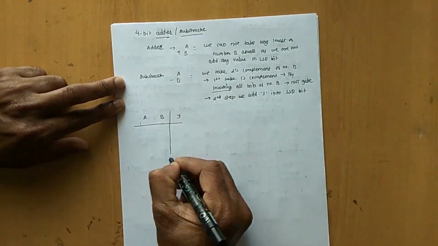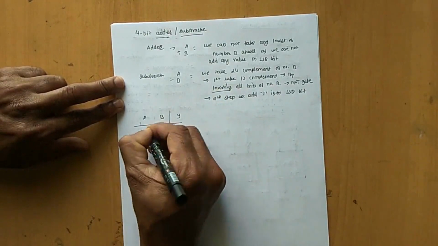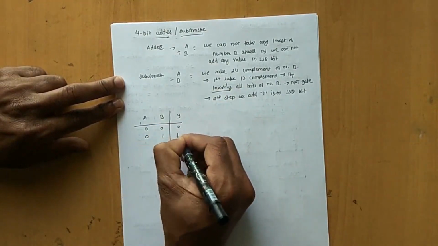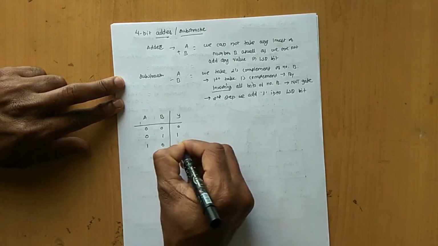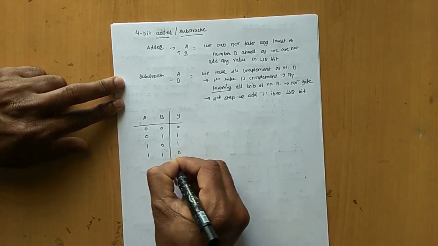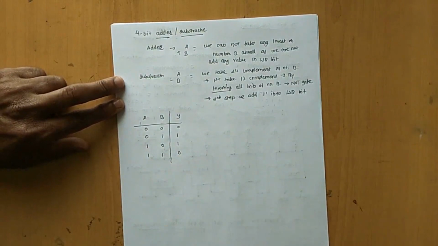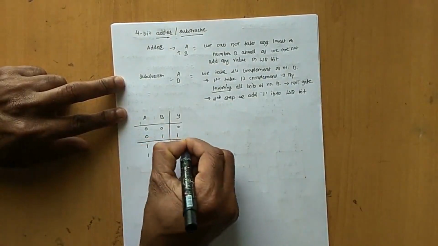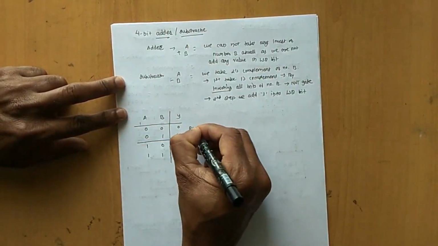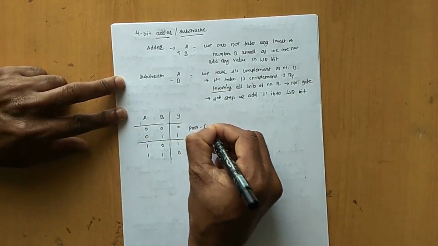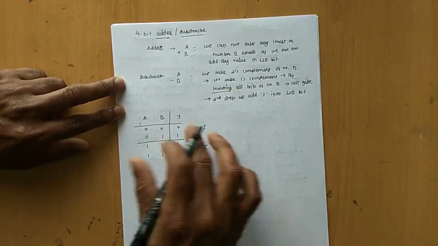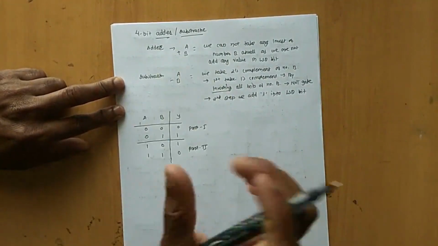For that we have to apply the logic. So 0 0 gives 0, 0 1 gives 1, 1 0 gives 1, and 1 1 gives 0. This is the truth table of the exclusive OR gate. We have to divide this truth table into different parts: this is part first and this is part second. That is very important for designing an adder and subtractor in a single circuit.